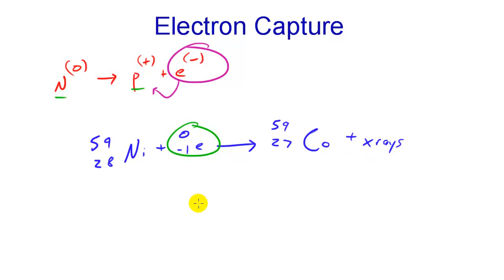Well, remember before when I said that whenever an electron drops down to a lower energy level, it has to release some sort of energy. So your electron from the first energy level is going to get sucked in by the nucleus. So this energy level is now missing an electron. So an electron from the second energy level has to drop down to fill the empty space in the first energy level.